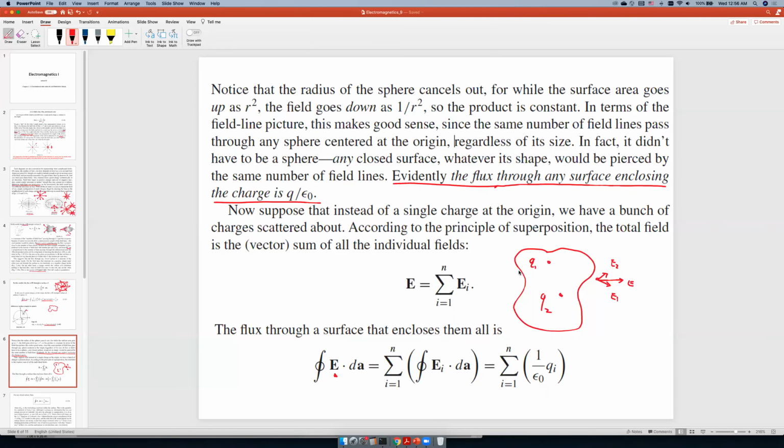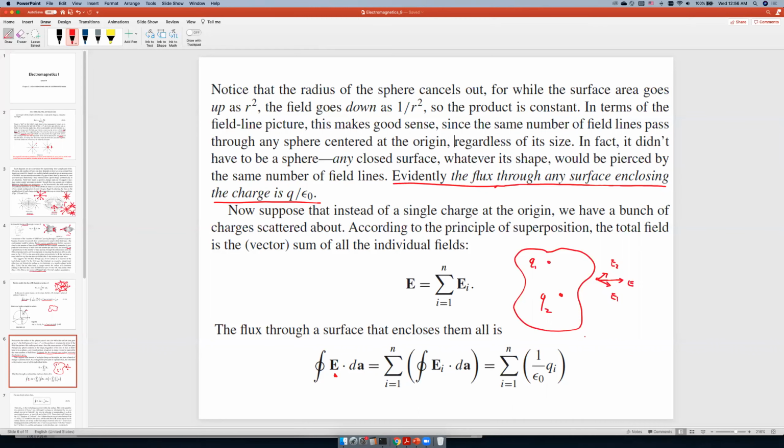Okay. So that means if you have, let's say, two charges, Q1 and Q2, and you want to calculate the flux of a surface which encloses those two charges, then you can calculate the flux generated by Q1 and then by Q2, and then sum them up.